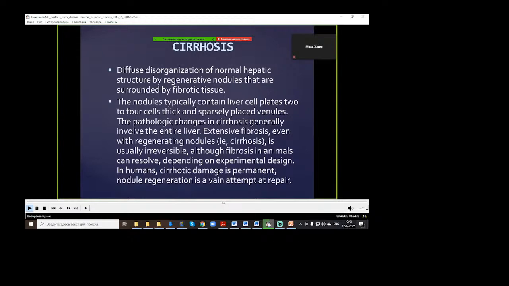Extensive fibrosis, even with regenerating nodules, is usually irreversible, although fibrosis in animals can resolve depending on experimental design. In humans, cirrhotic damage is permanent. Nodal regeneration is a vain attempt at repair.